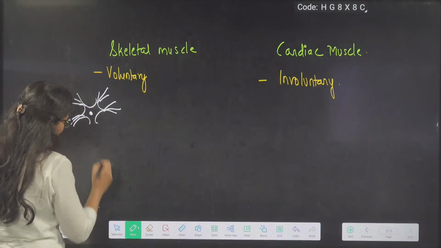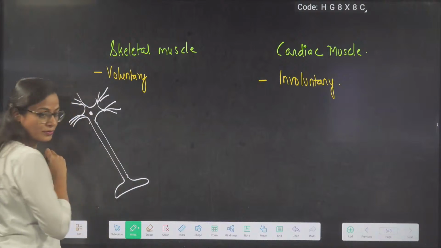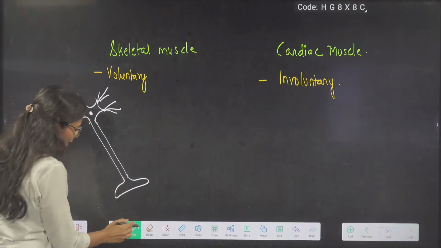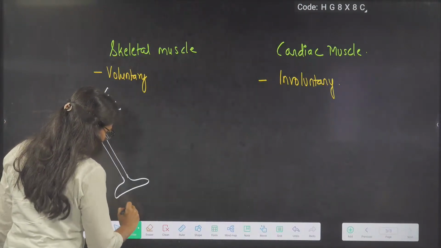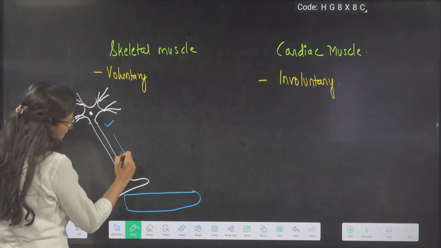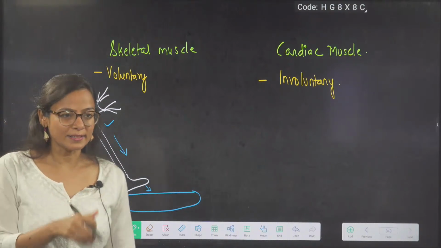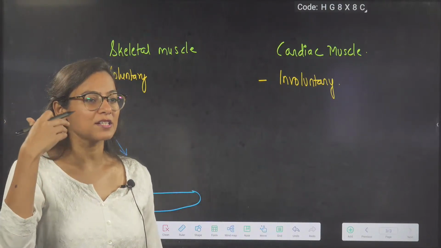You know the neuron has an axon, right? And then you will have your skeletal muscle over here. So this neuron is sending impulses and giving signals to the skeletal muscle, and that's how the skeletal muscle will function.